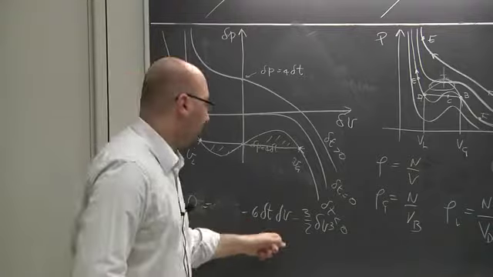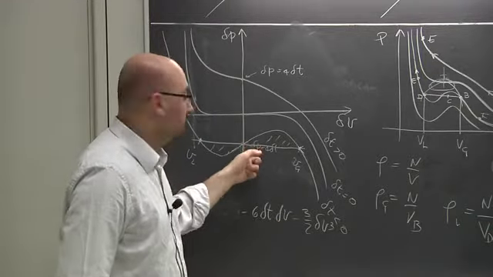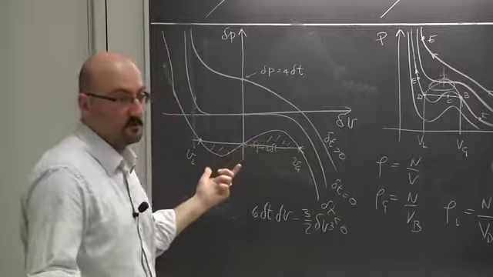So the three solutions are clearly dv is equal to 0, but this is this intersection point, we are not interested in it.